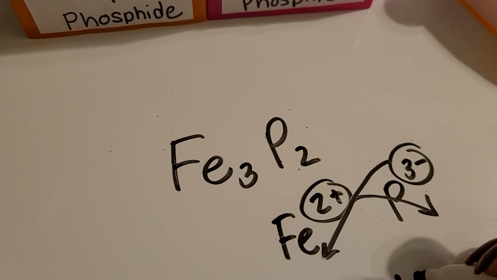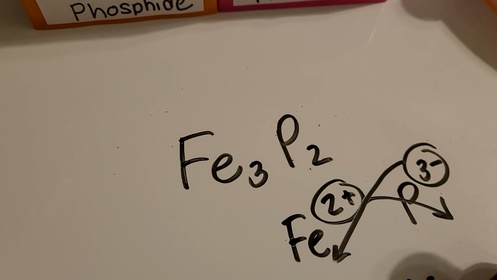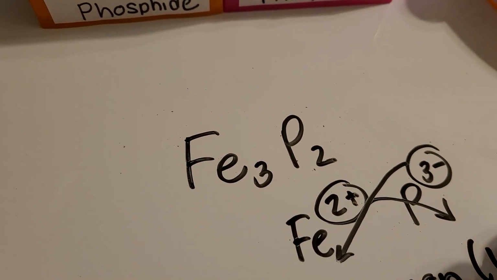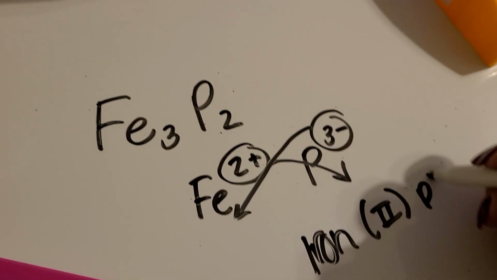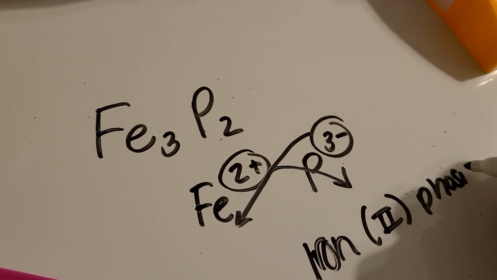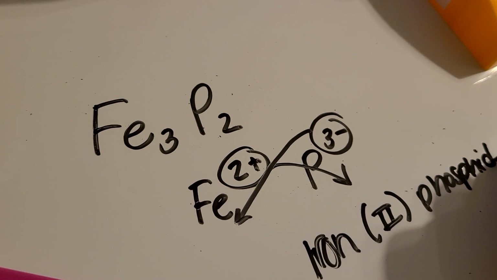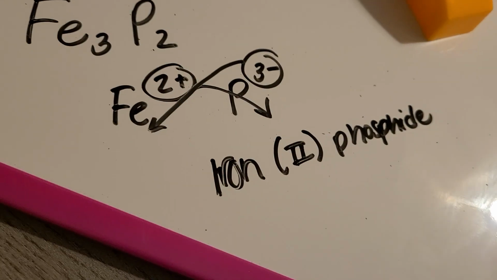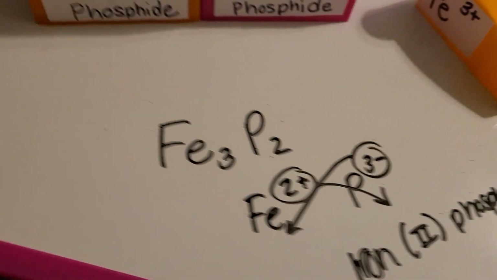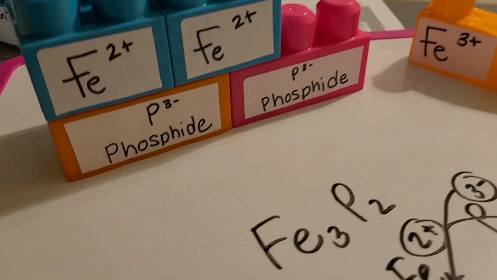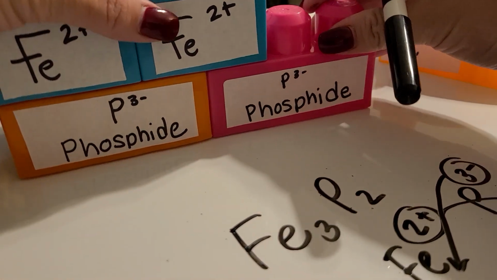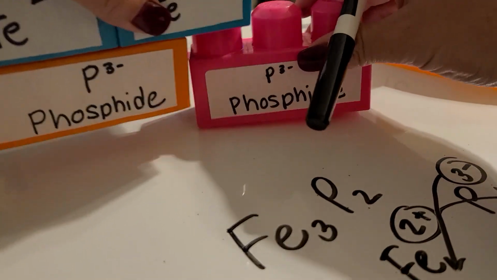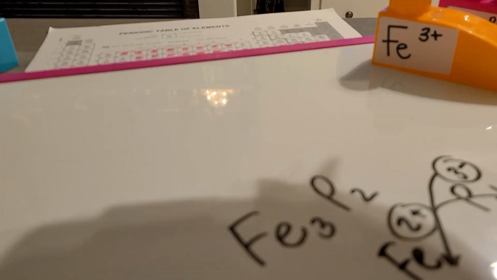So it would be iron 2 phosphide. So that is how you'd use iron 2. I can't believe I didn't make 3. I think I ran out of 2s. That's what it was. All right, let's see what happens with iron 3.